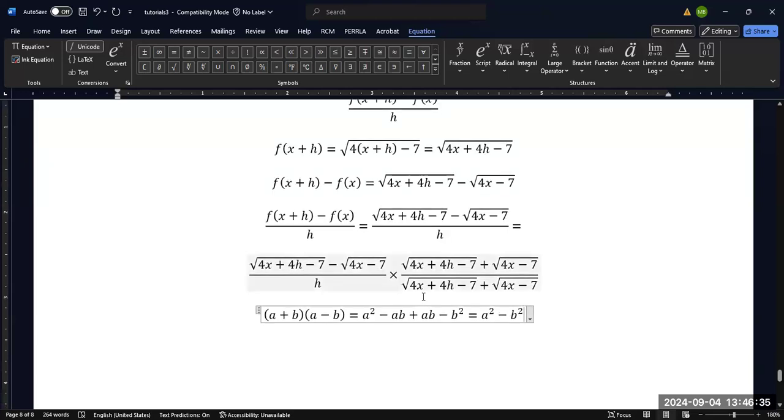Because this expression is a and this expression is b. So just to make clear what we're doing here, this is our a expression, and then we're going to square it.